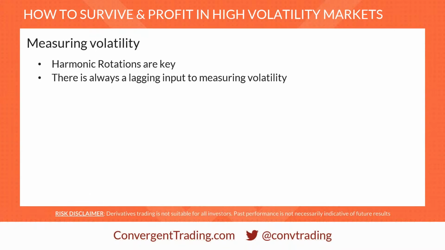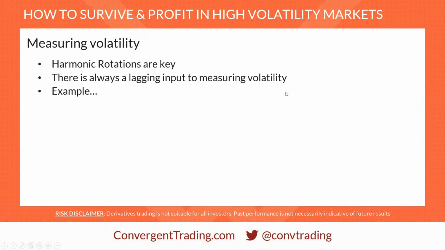But if you flip that coin 10,000 times, it'll probably be 49.6% heads and 50.4% tails. The bigger the sample size, the more it starts to move towards its true edge, so to speak. So we look back at volatility to measure it, and that's always a lagging indicator.